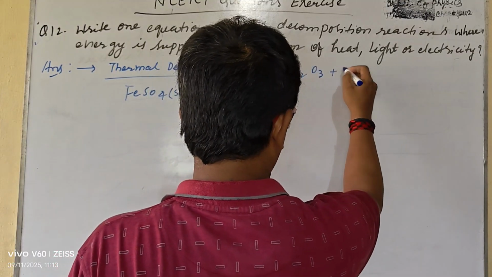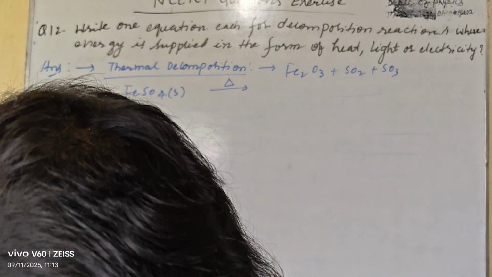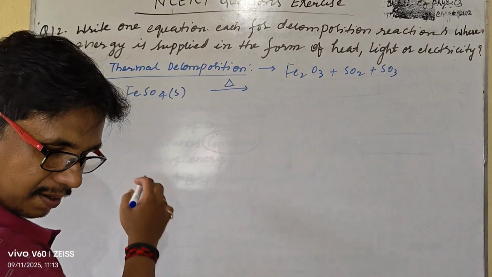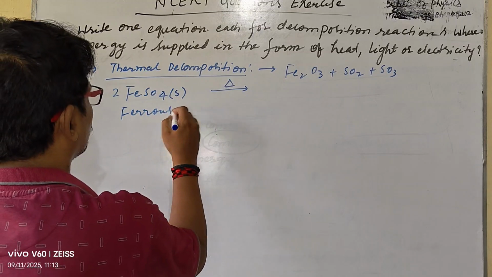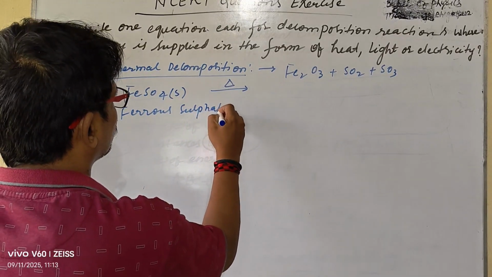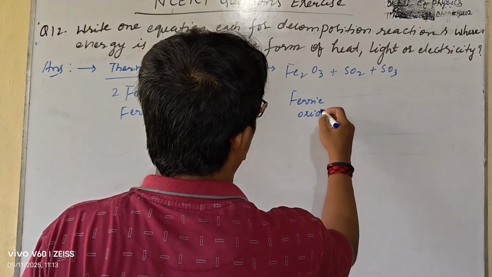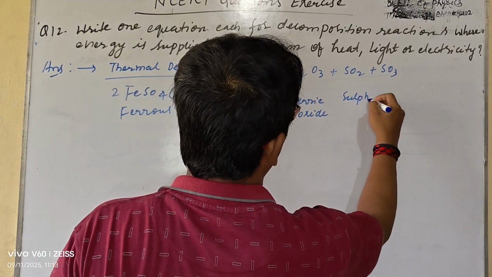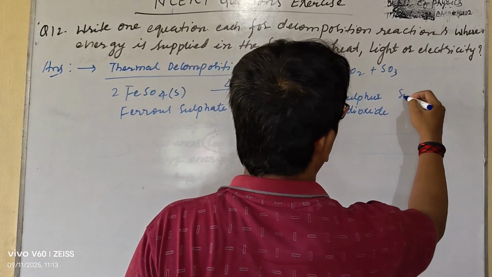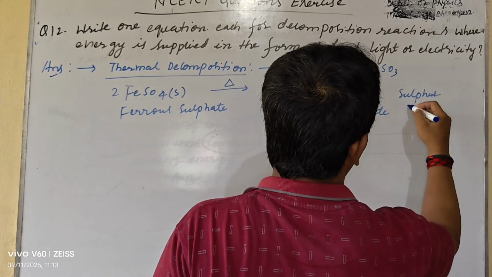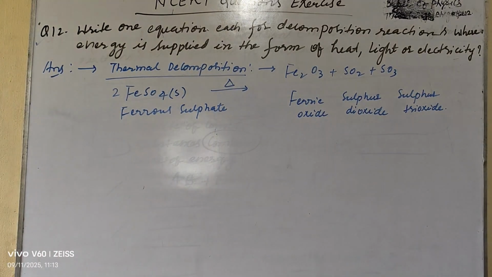Fe2O3 is ferric oxide, SO2 is sulfur dioxide, and SO3 is sulfur trioxide. This is all about thermal decomposition.